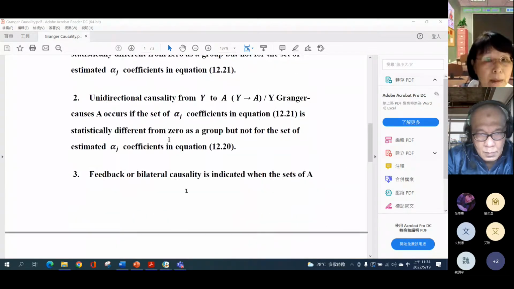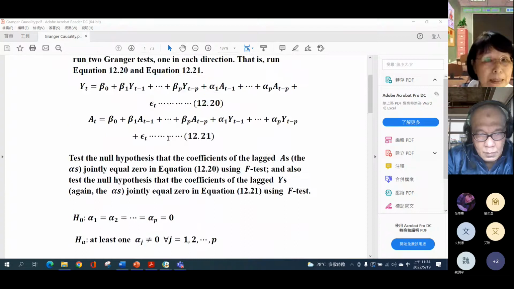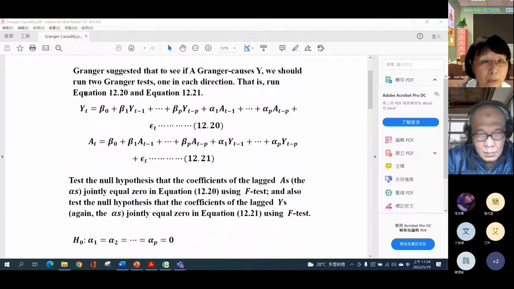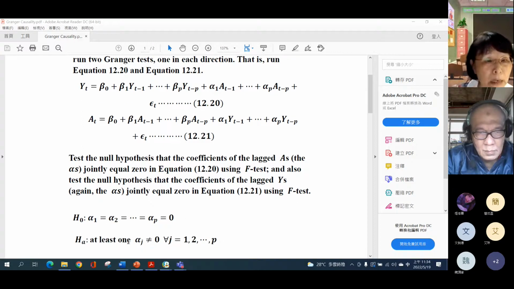When we do the Granger causality for our examples, we need to do 12.20 and 12.21, in other words, using y as a dependent variable and also using x as the dependent variable, to check the null hypothesis alpha 1 up to alpha p equal to 0, against the alternative hypothesis that at least one alpha j is not equal to 0.